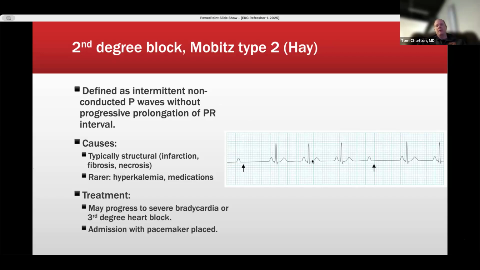You've got the normal PR interval, normal PR interval, normal PR interval, and then all of a sudden drop, all right? This, unfortunately, will progress to severe bradycardia or a third degree heart block. And so if this is a new onset and somebody is having symptoms with it, they need to go to the emergency department because almost certainly they're going to get admitted and get a permanent pacemaker placed, while we stabilize them otherwise.